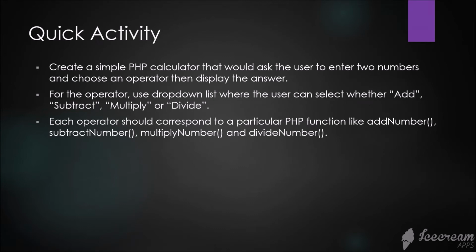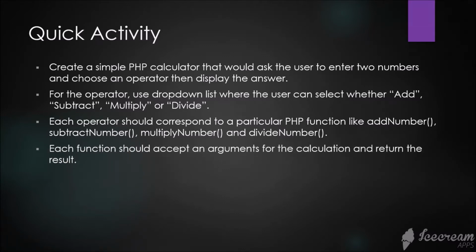Then each operator should correspond to a particular PHP function like add number, subtract number, multiply number, and divide number. Okay, so pagdating sa mga function name guys, it's up to you if you're going to follow this one or you can make your own function name as long as it corresponds to the particular operator. Okay, then each function should accept arguments for the calculation and return the result.